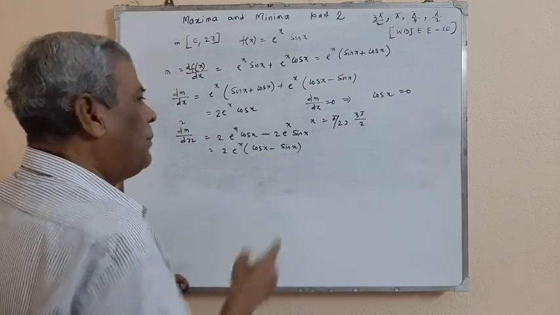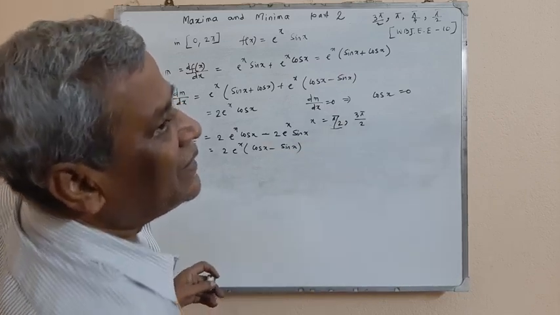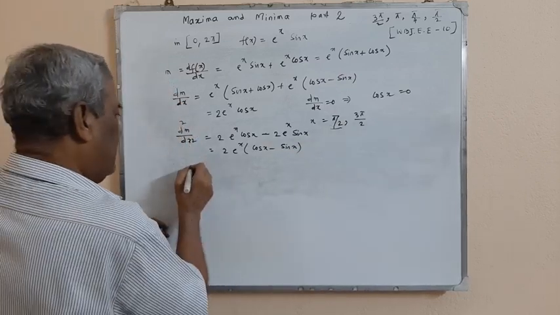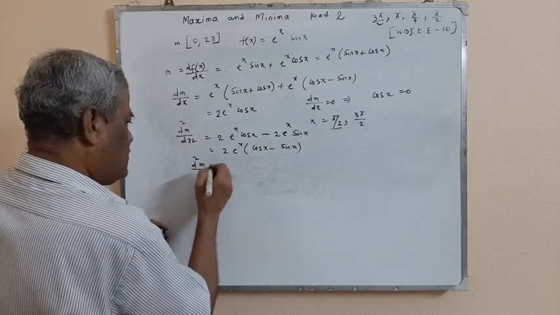Now at first critical point is this. At that point pi by 2, let us see its sign.